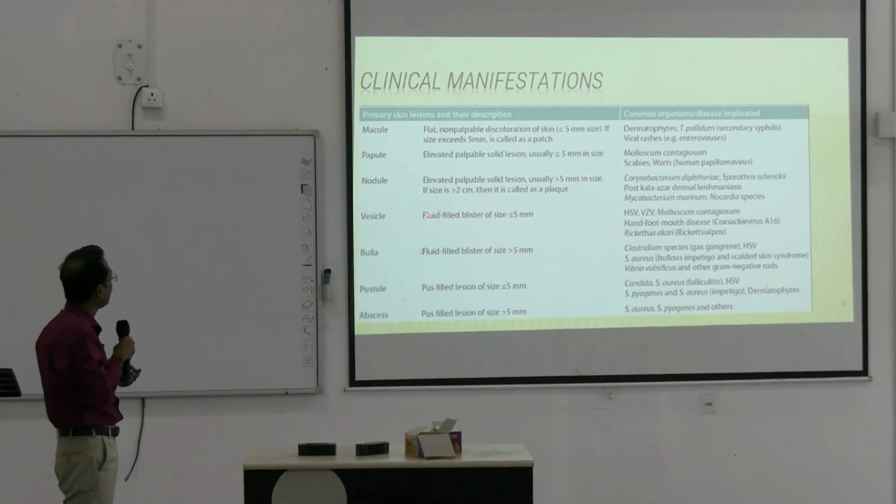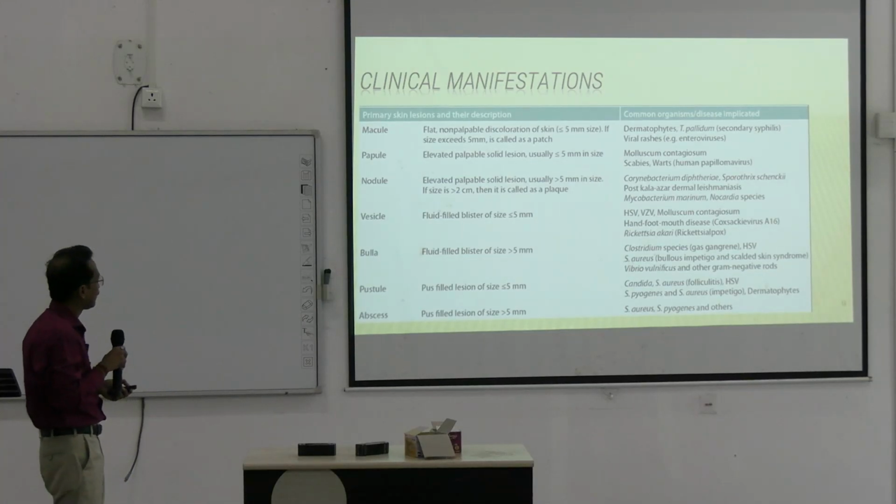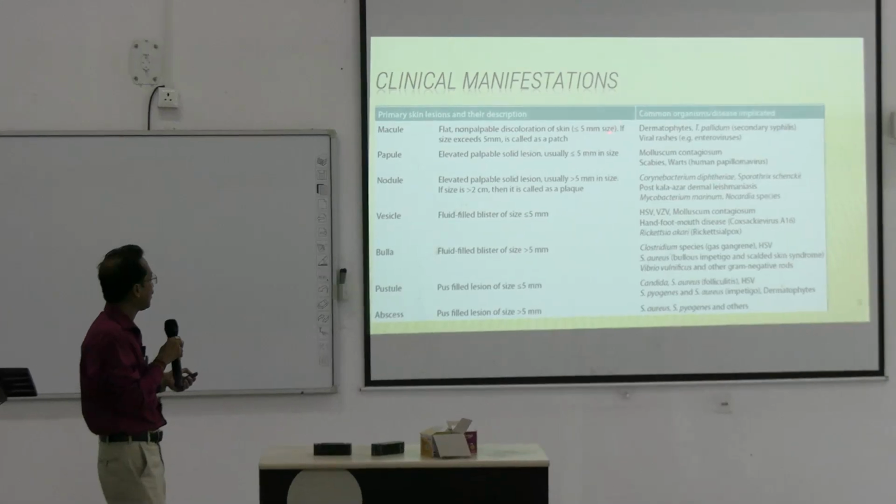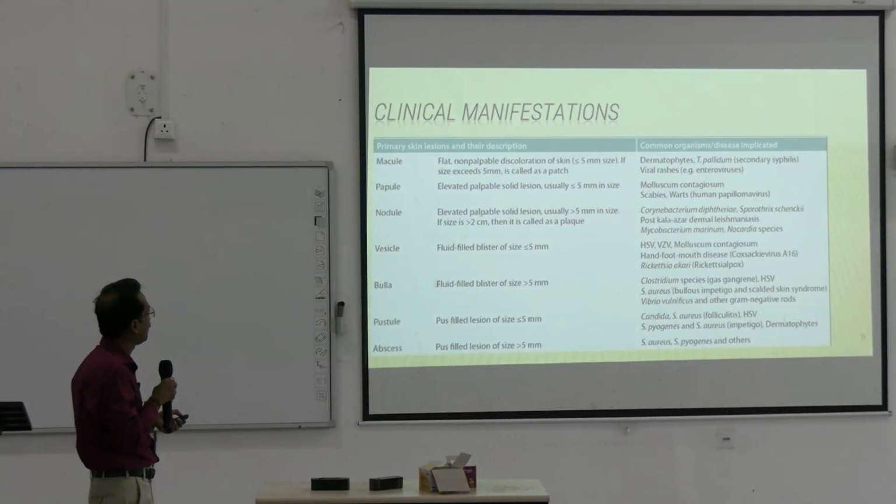So vesicle, most of the virus infections like herpes or chickenpox may cause blister. Pustule, pus filled less than 5, and abscess when the size of the lesion is more than 5. So macule, dermatophyte can present as macule.